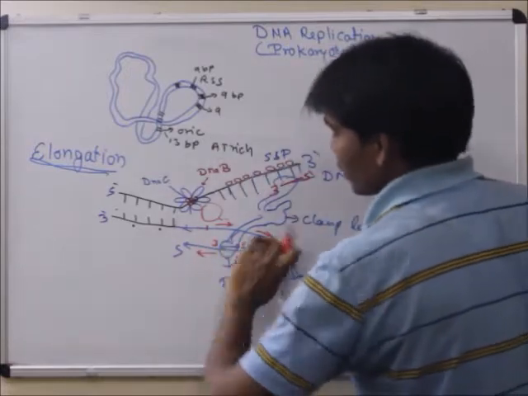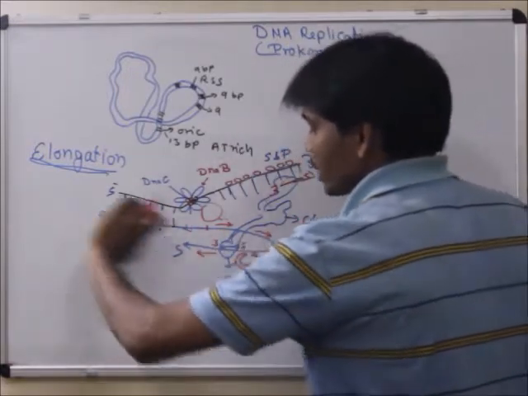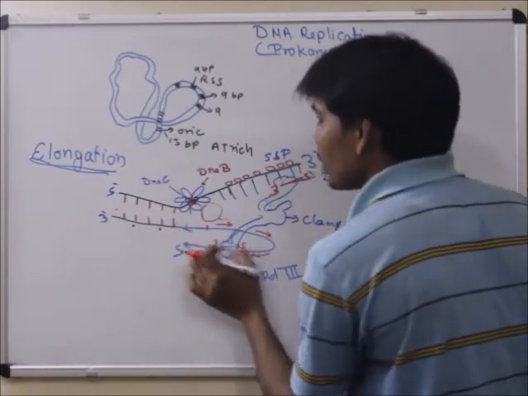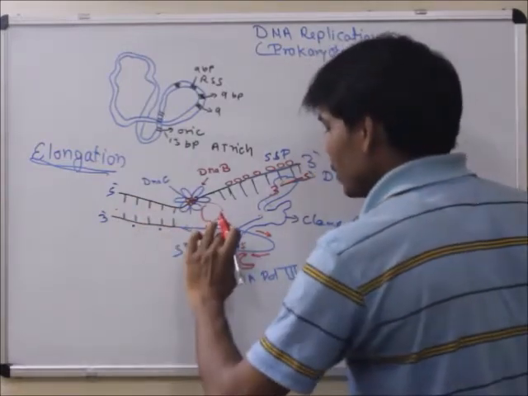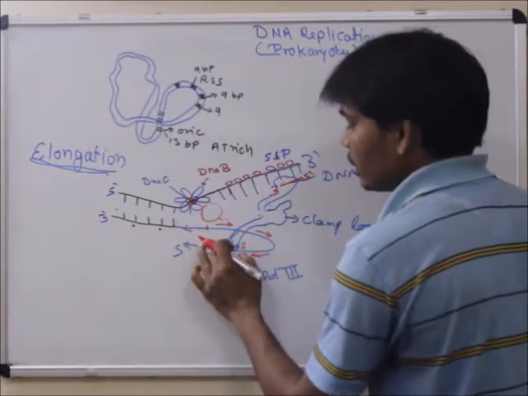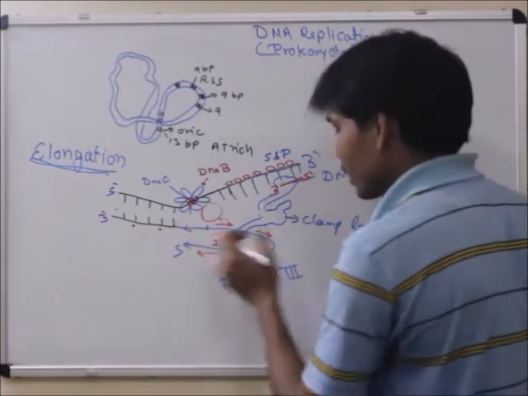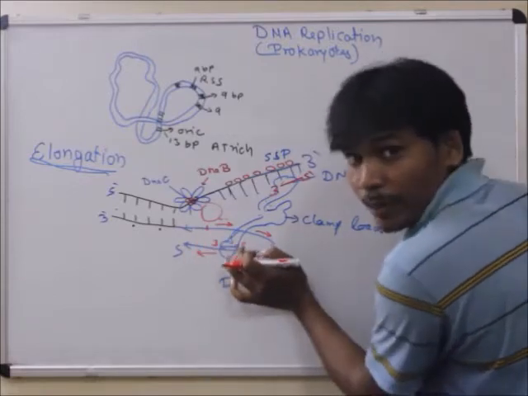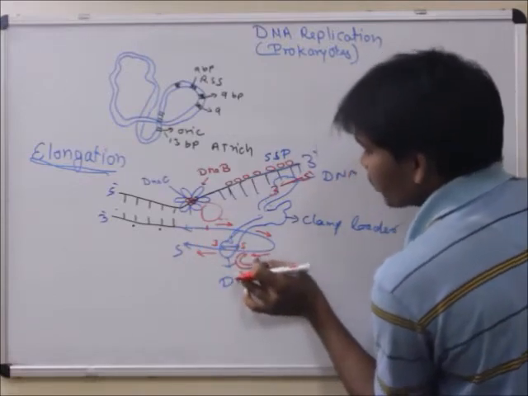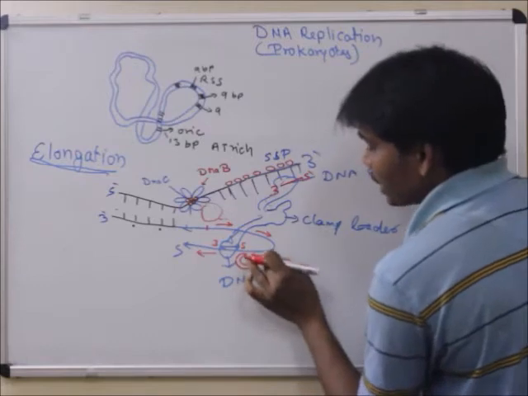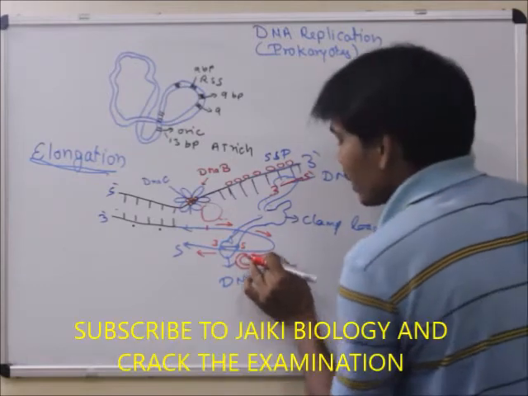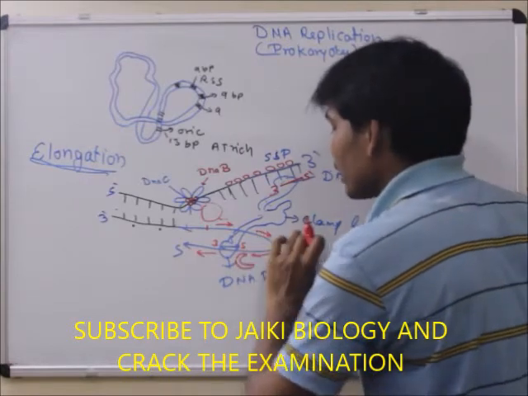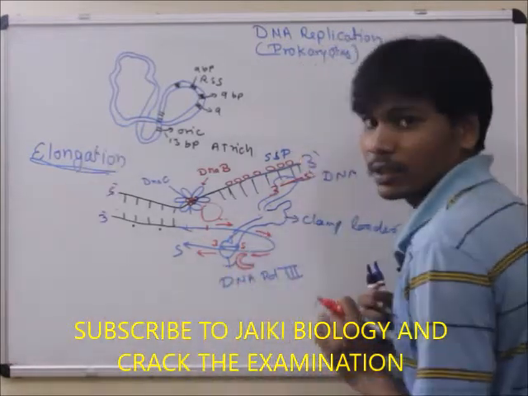Okay, so it synthesizes here, and when synthesis in the forward direction becomes complete, these subunits become detached and come back. These arms come back and take another primer where a clamp is attached, catch those primers, and again synthesize in the 5 to 3 direction.